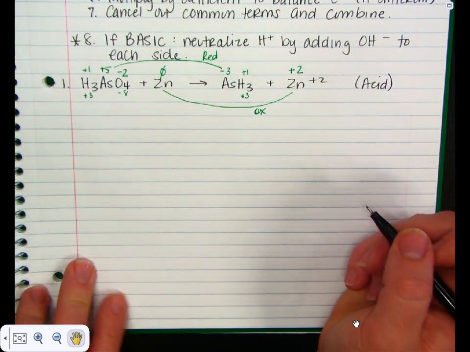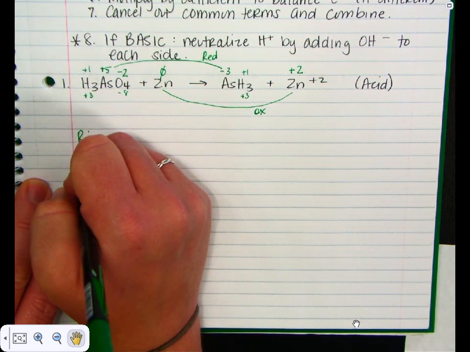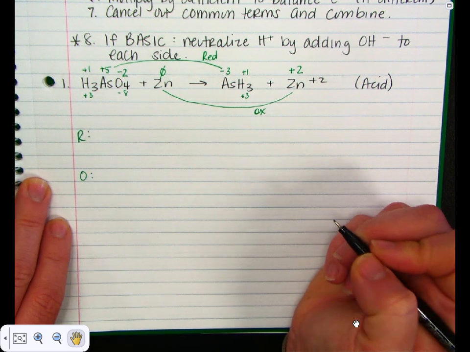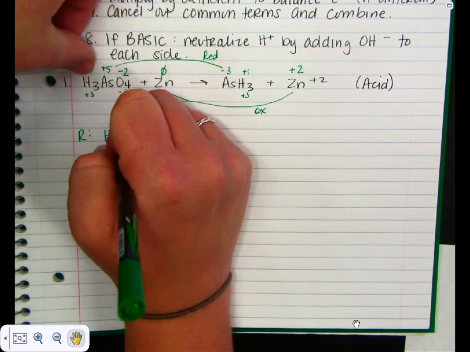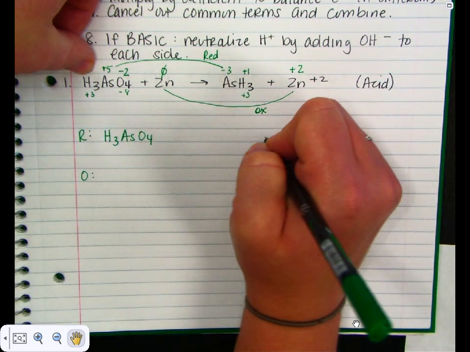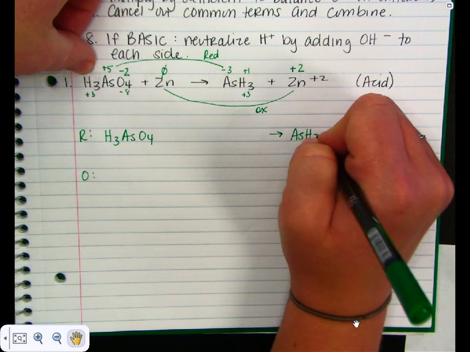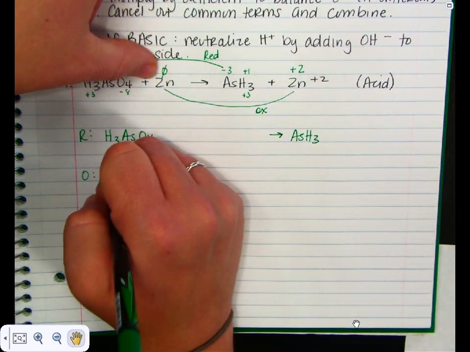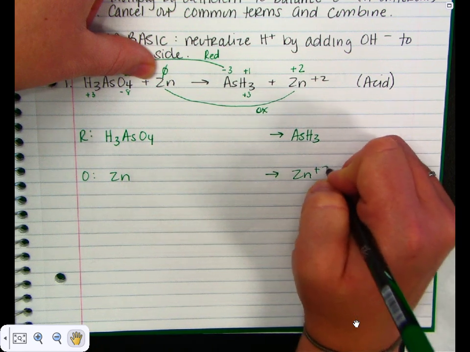Okay, so now I'm going to separate these into their parts, so my reduction half and my oxidation half. I'm going to write the parts in my reduction half, H3AsO4, and then I'm going to leave a pretty good space, and AsH3, and then for my zinc, Zn, leave a pretty good space, Zn²⁺.